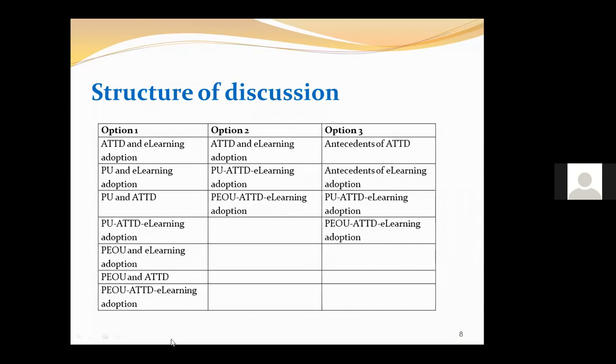Okay, I want you to look at this. Looking at the table before you, it's very possible to repeat explanations. You see in option number one, it's possible to repeat explanations for number one, number two, and number three when you are discussing or explaining hypothesis number three, number four.